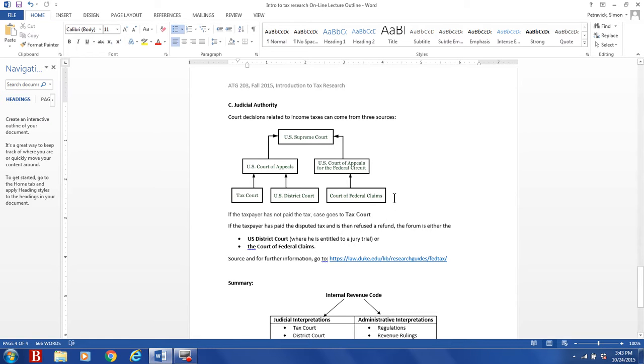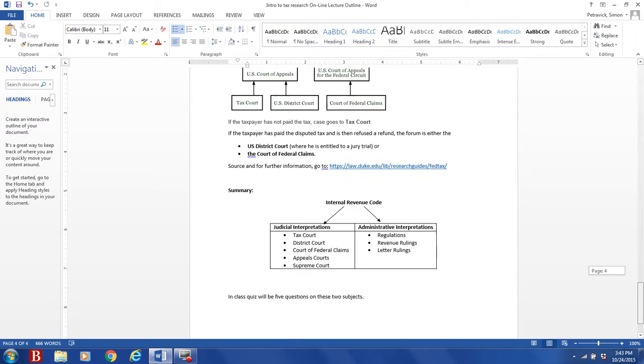If the matter is decided and there's still some dispute about the decision, as you see, we can go up the chart to an appeals court. If there's still some indecision about the matter, the item can go up to the U.S. Supreme Court for a decision.